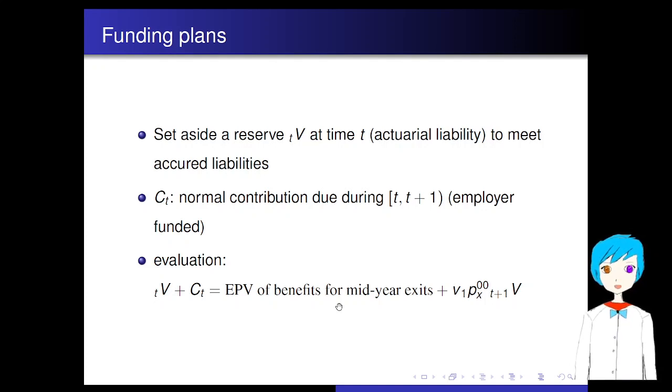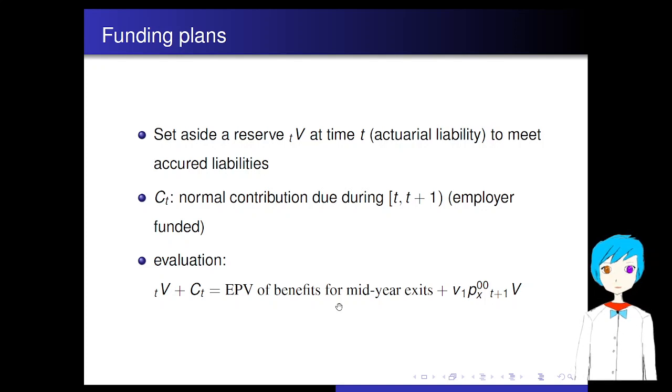So the defined benefit plan describes how the pension depends on the years of service in a company and the final year salary. Also, we could have some different plans. For instance, the company could set aside a reserve for the employee for his or her retirement benefit and make contributions to this reserve every year.